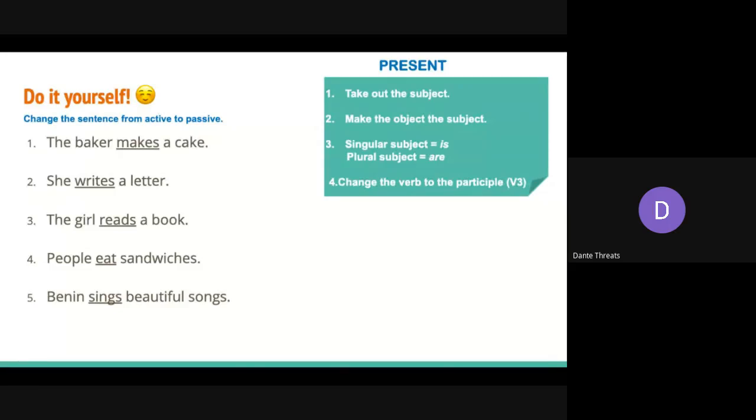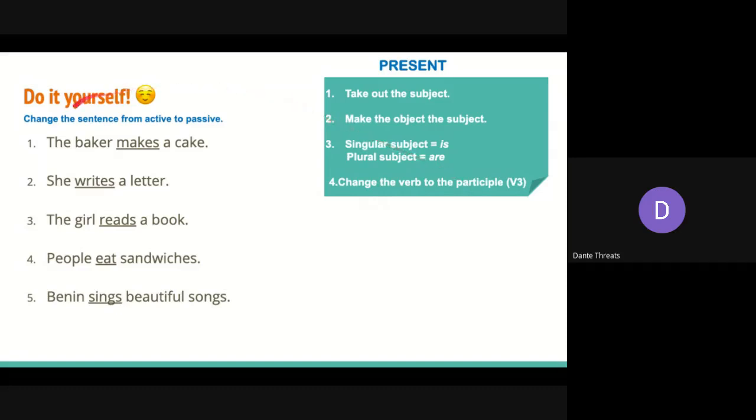All right, so remember, first thing to do is to take out the subject. All right. Then make the object the subject, okay? Then if the subject is singular, you use is. If it is plural, you add are. And finally, you change the verb to the participle, okay?